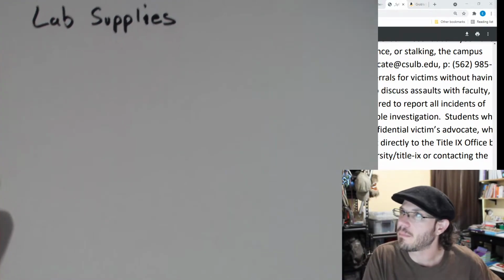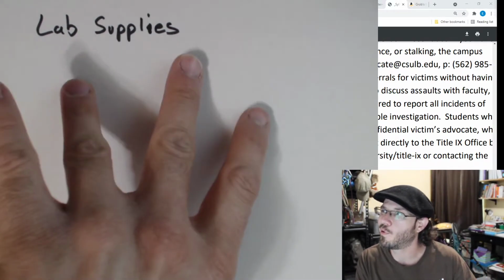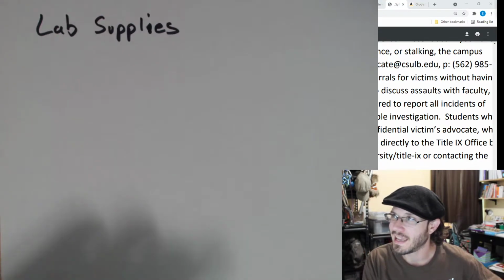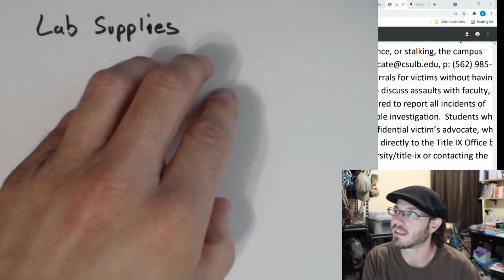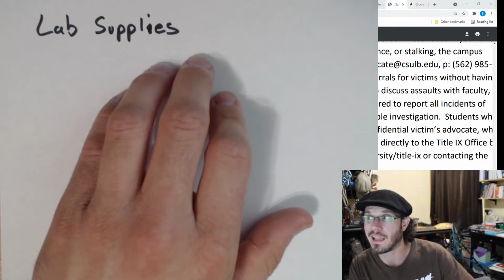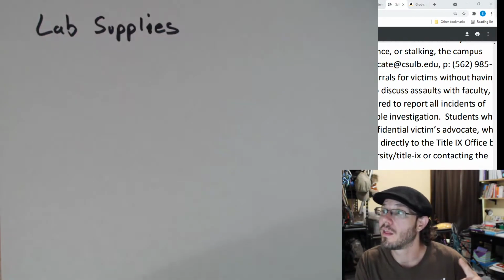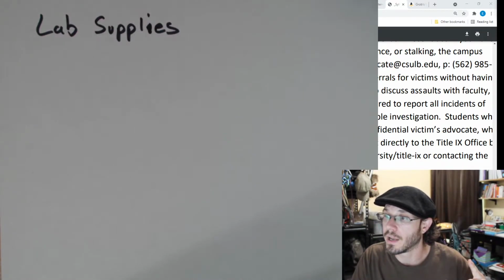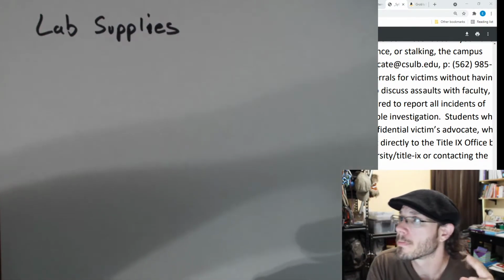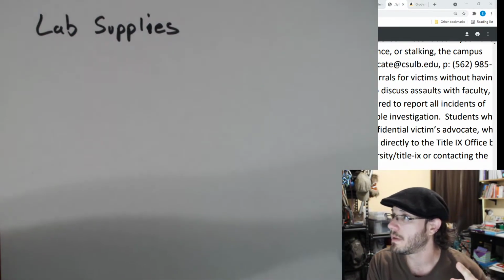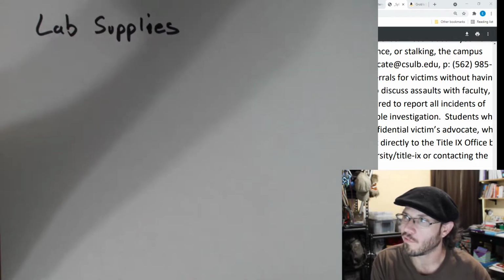Okay, I'm going to keep this pretty simple and reduce it to three things that we need to get moving on in this class as far as the hands-on labs are concerned. The first one is going to be a free rental from the school.